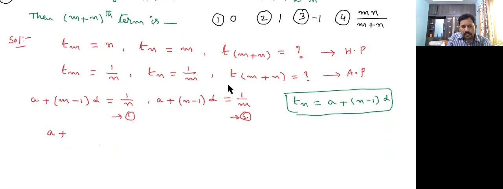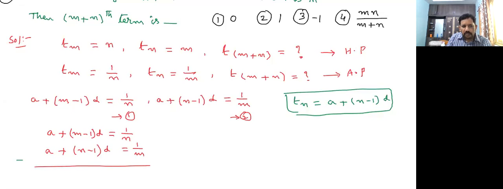So a plus m minus 1 into d, that is equal to 1 by n. a plus n minus 1 into d, that is equal to 1 by m. Now both I am going to do subtraction.